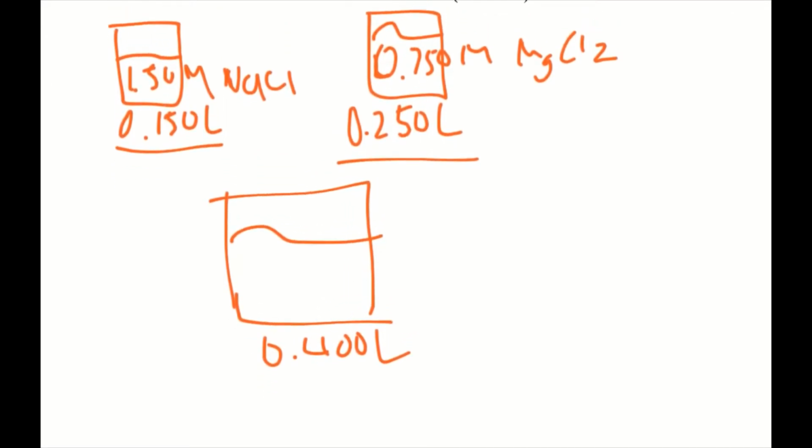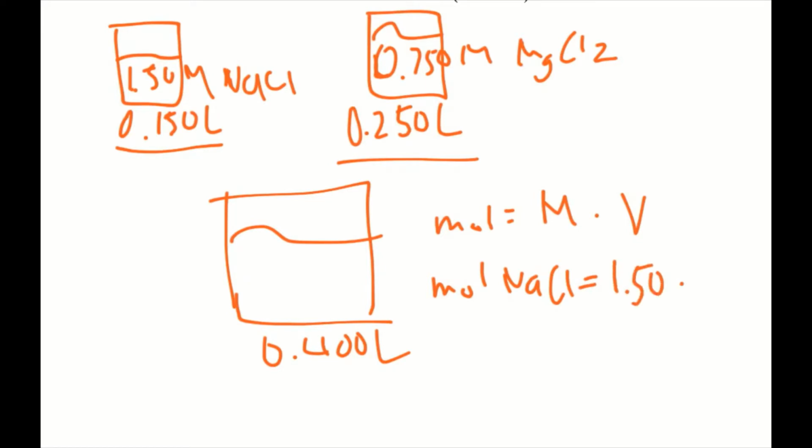Well, we know that moles is equal to molarity times volume. Now, how do we use this? Well, the moles of NaCl is equal to the molarity of NaCl, which is 1.50, times the volume, which is 0.150.